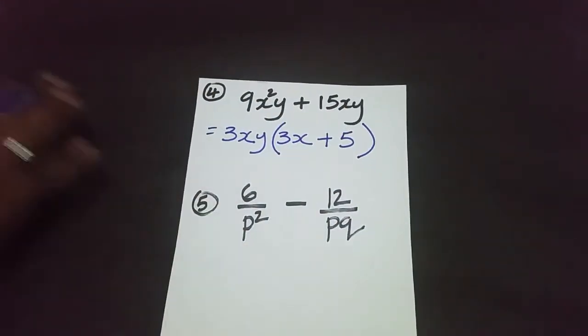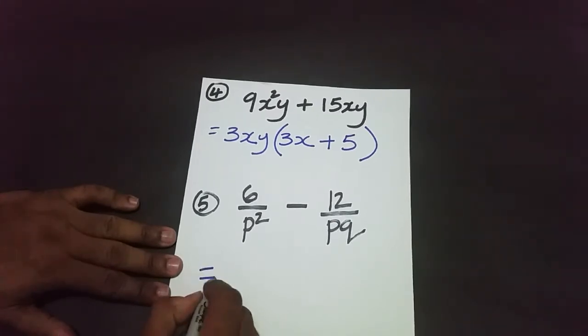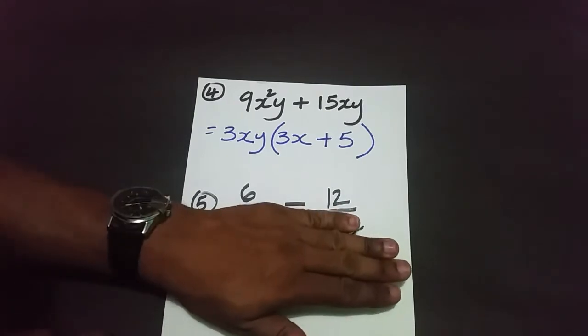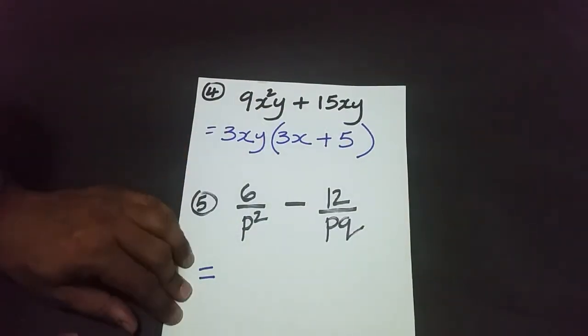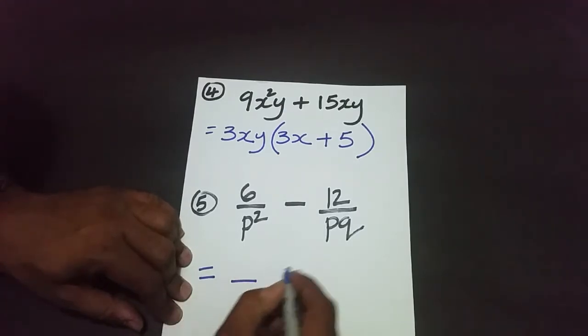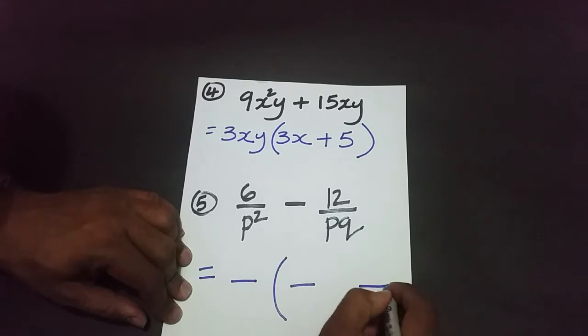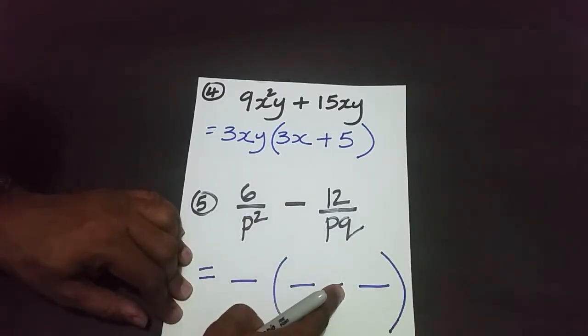Now, looking at question 5, it's more interesting than the others, but the procedure is the same. We have two fractions here, and the procedure is no different. To make it easier for you, all you need to do is just focus on the numerator first. We know we're going to have a fraction outside, and two fractions inside the bracket, and of course the minus sign here comes back.